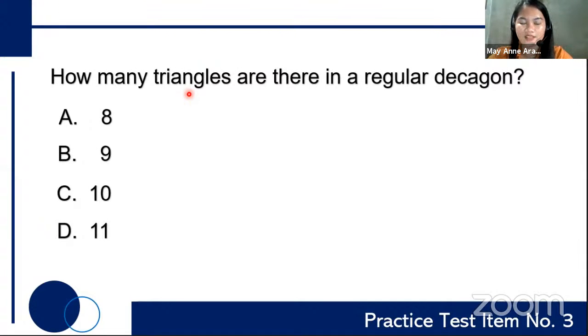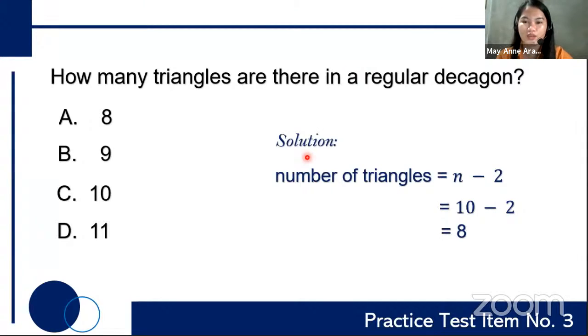The formula for this is n minus 2. What is the answer? Okay, yes. Letter A, 8. Just 10 minus 2, so we have 8. And remember that decagon has 10 sides.